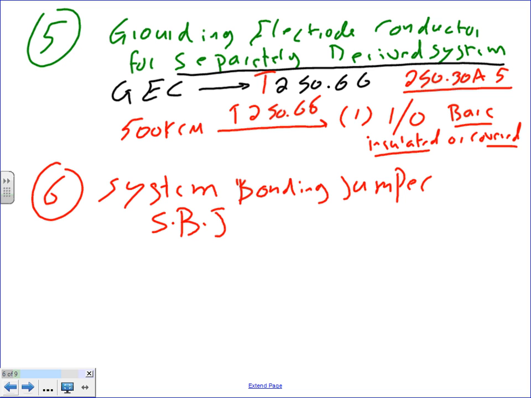The last thing is called the system bonding jumper. System bonding jumper, it's actually 250.30(A)(1). A grounded conductor. Okay, so for the system bonding jumper, you're going to go to these two articles.